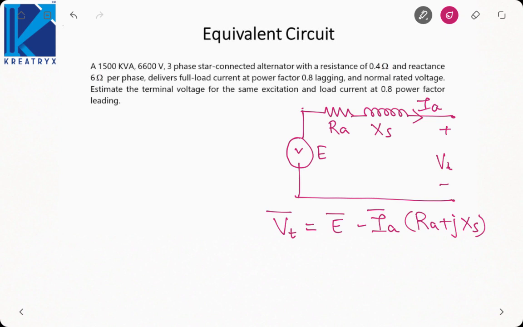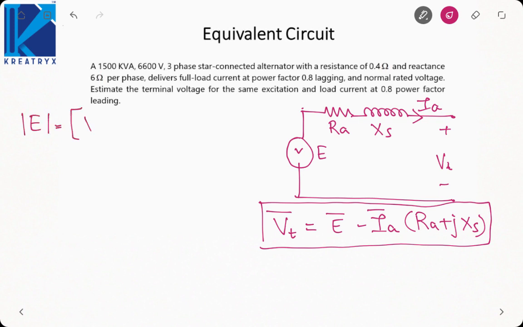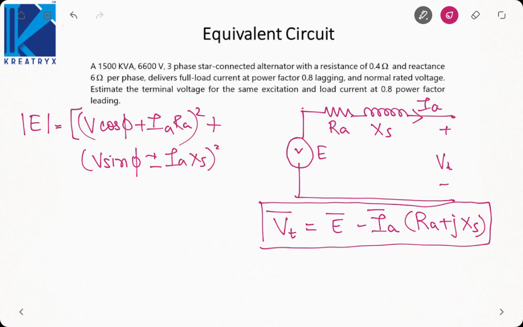So here there are certain equations that you can remember. This is the basic equation based on phasor. The other equation for calculating the magnitude of EMF would be the square root of (V cos phi plus IARA) whole square plus (V sin phi plus or minus IAXS) square.